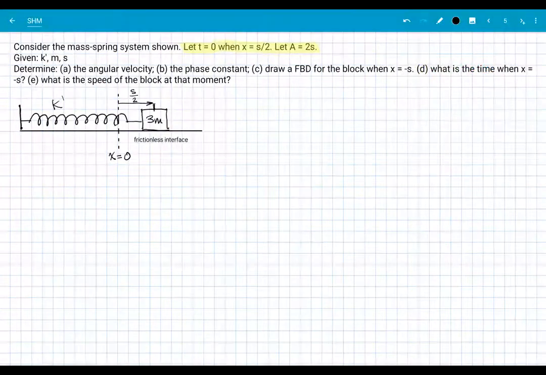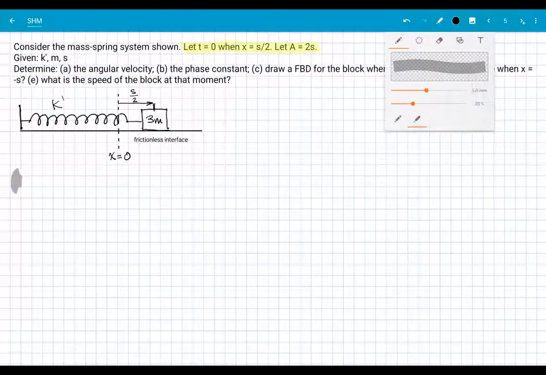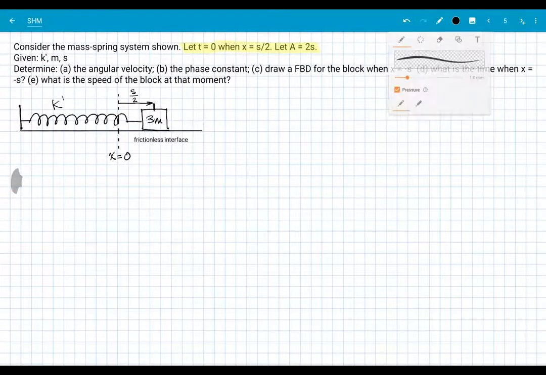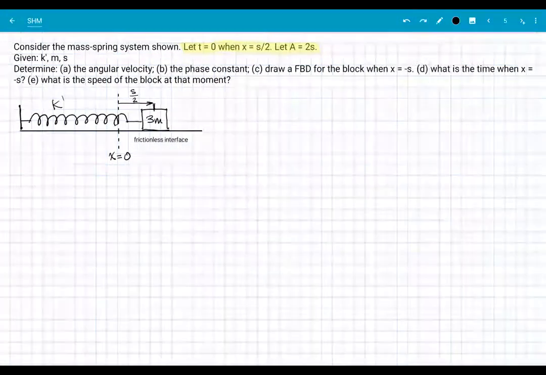So let's start there. And I understand that you could be like, well, I could just look it up in the book because the book gives me a really cute little equation for a mass spring system, and that's true. But I would not be doing my job if we weren't going to look at how to derive that.